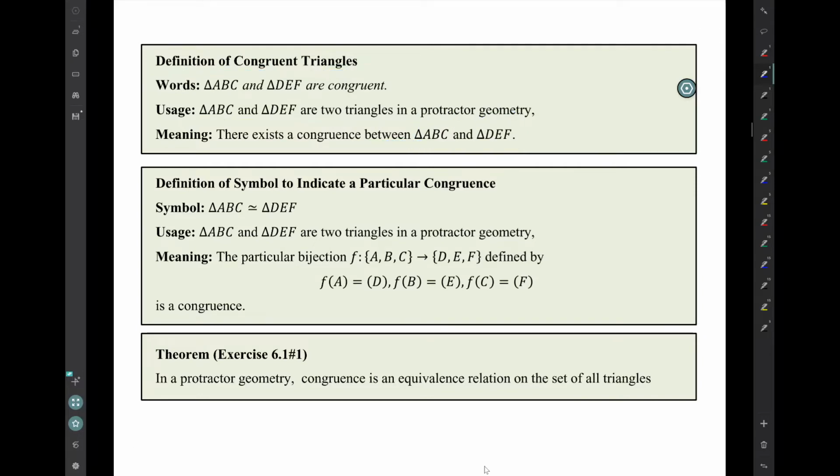Now keep in mind that these words, triangle ABC and triangle DEF are congruent, do not have a corresponding symbol. We did see the definition of a symbol to indicate a particular congruence. Now this is confusing. The symbol is written this way, and it's often spoken triangle ABC is congruent to triangle DEF. That's confusing because I just said that those words don't have a symbol, but I just now said, here's a symbol that's spoken with those words. Well, it really shouldn't be this confusing, but it is.